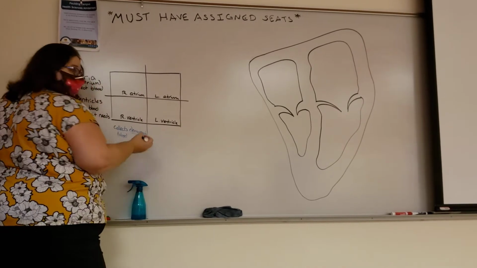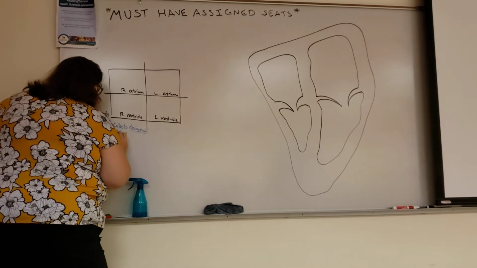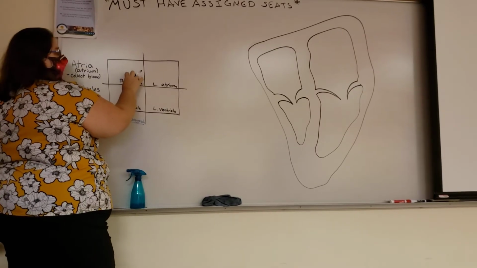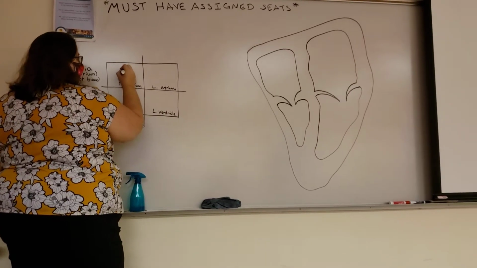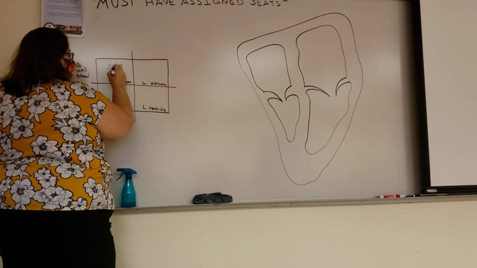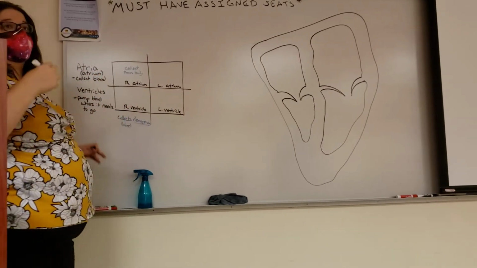That means it is used blood with waste products in it. So the job of your right atrium here is to collect from your body. So it's sitting here, getting all the blood from you.